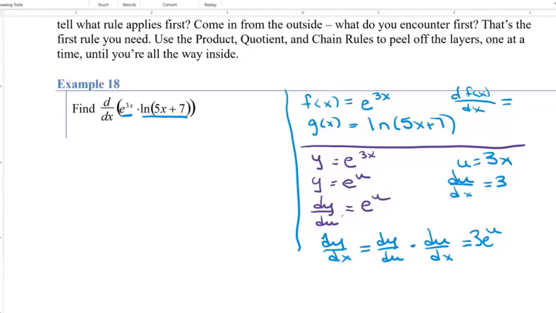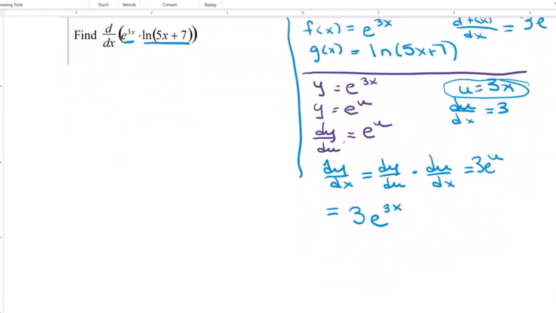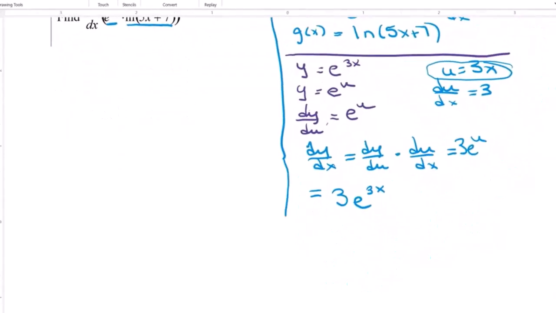So this is 3e to the u, and u is equal to 3x, so 3e to the 3x. And that is my df/dx: 3e to the 3x. Okay.